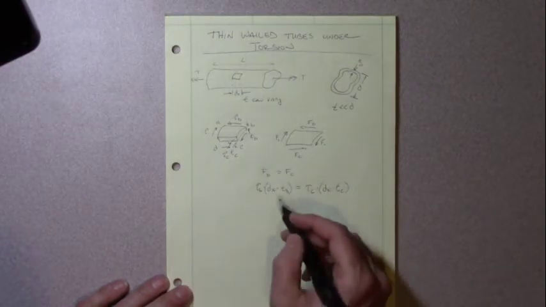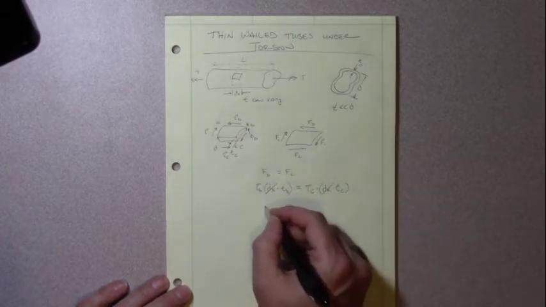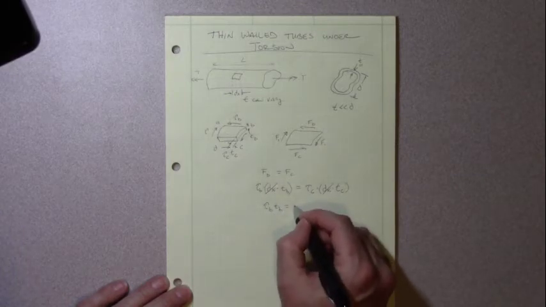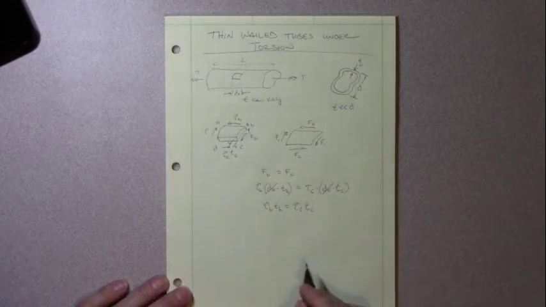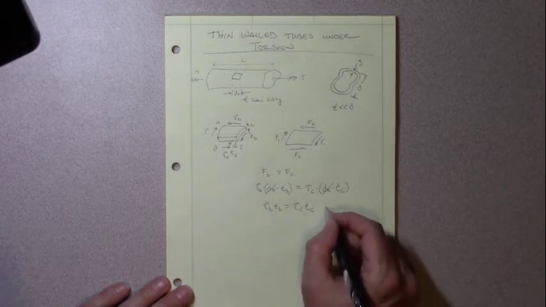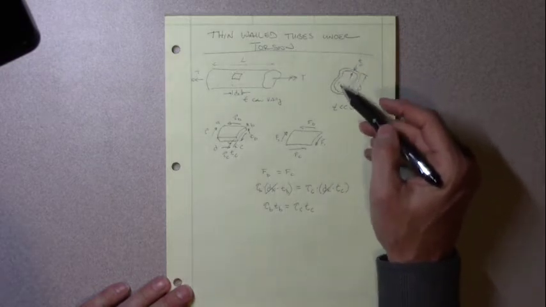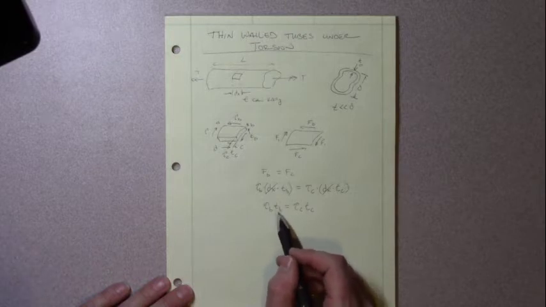Now we have our equation here. We can see that the dx's are the same on both sides. And we end up with tau B times the thickness at B, and tau C times t_C are going to be equal. Now, what does this indicate? This indicates that when we look at a cross section, the shear stress is related to our thickness.